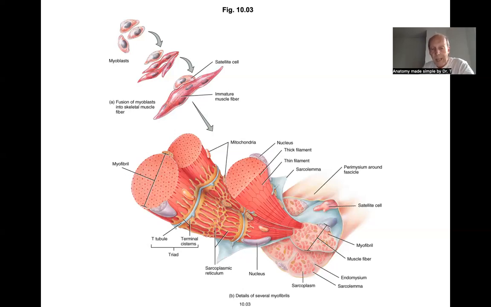So what we have just added to this diagram, and hopefully added to our knowledge, is what is called the sarcoplasmic reticulum. It will remind you of endoplasmic reticulum, but this is muscle tissue.